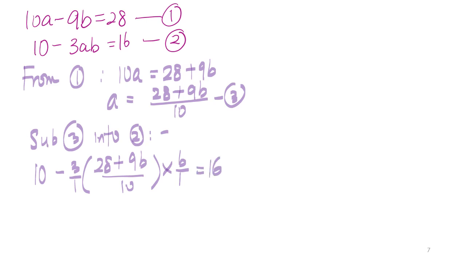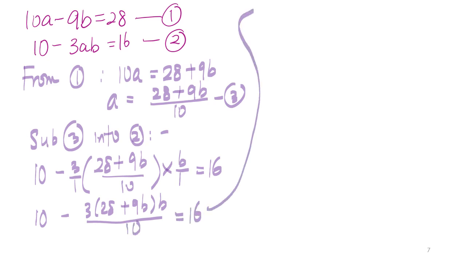Alright, so the next step is I'm going to multiply the numerator and also multiply the denominator. Here it's a bit tricky. Instead of fractions, I'm going to make everything non-fractions. You see the denominator is 10, so I'm just going to multiply every term with 10.